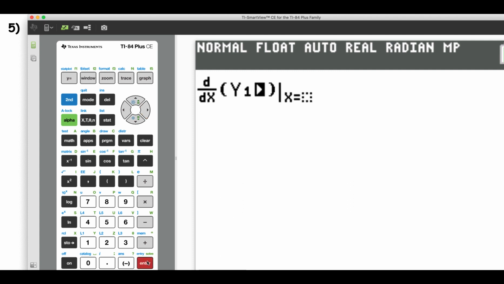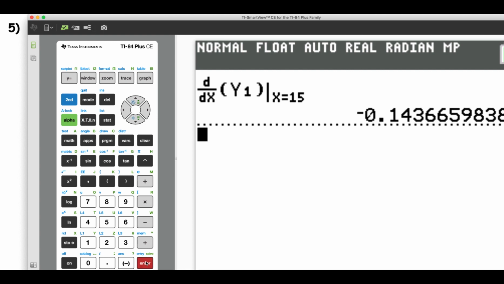Choose y1, and it just retyped it for me. It's going to take the derivative of y1, which is what I want, and then evaluate it when x is 15. So boom, there's your answer. And that is the correct answer. College Board, if this was theirs, they would accept negative 0.143 or negative 0.144. You can either round it off or truncate it.